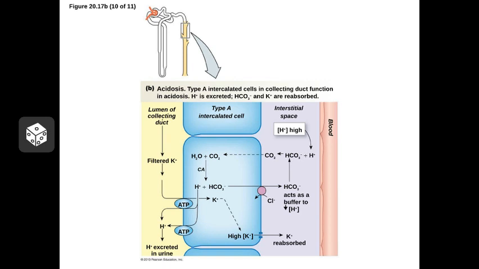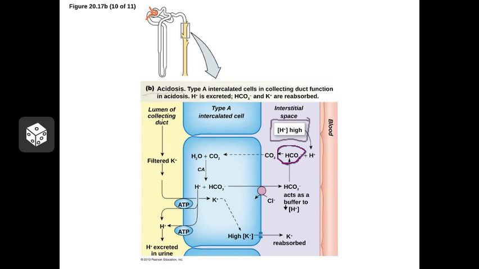We have two types, type A and type B, and what you're seeing here is type A. Type A intercalated cells are functioning if a patient is in acidosis. If they are in acidosis, that means the concentration of hydrogen is high.